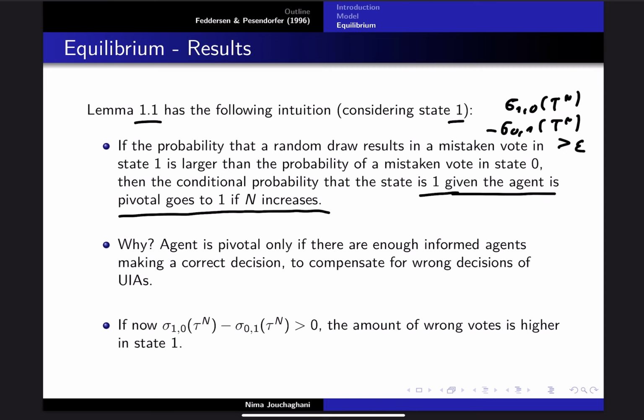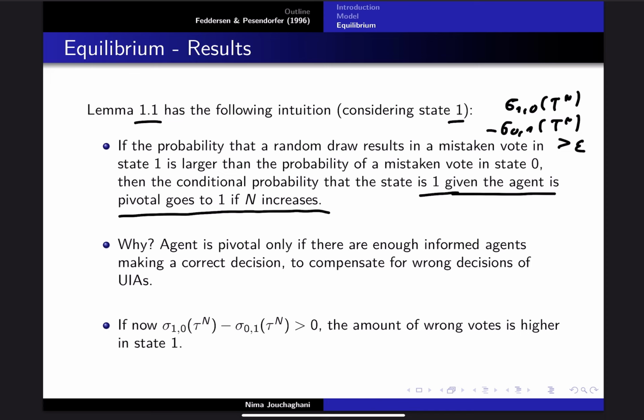The reason for this is that the agent can only be pivotal if there are sufficient informed agents who are making the correct decisions to compensate for wrong decisions made by the uninformed independent agents.